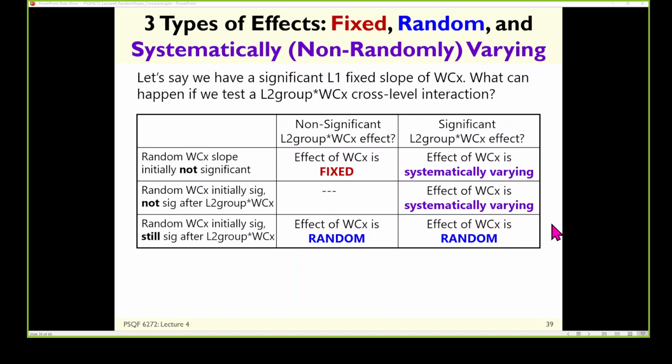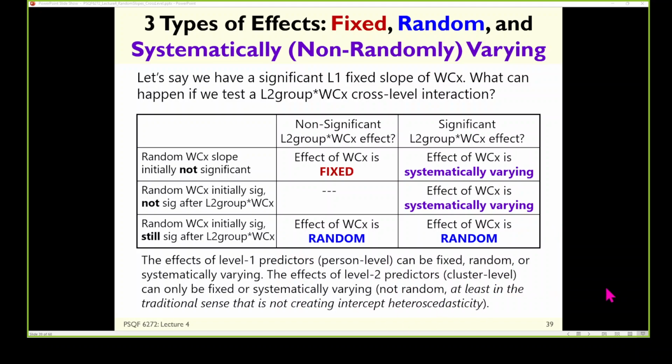So you're saying keep the random slope? I would keep it, unless it goes to zero and causes dots. If it causes dots, then it needs to go. But that would be part of the story.